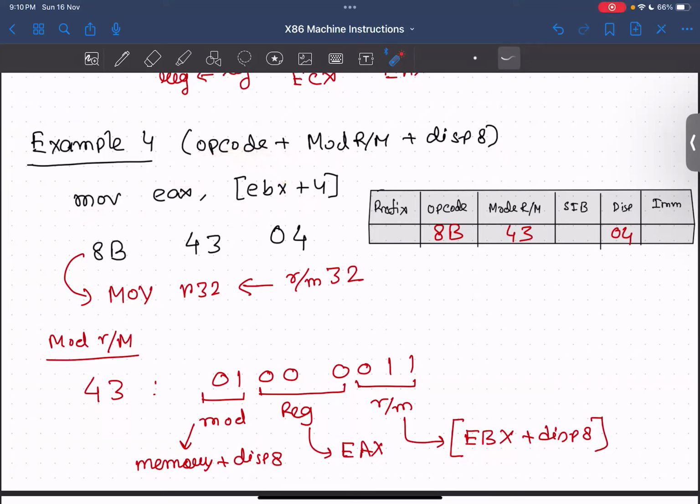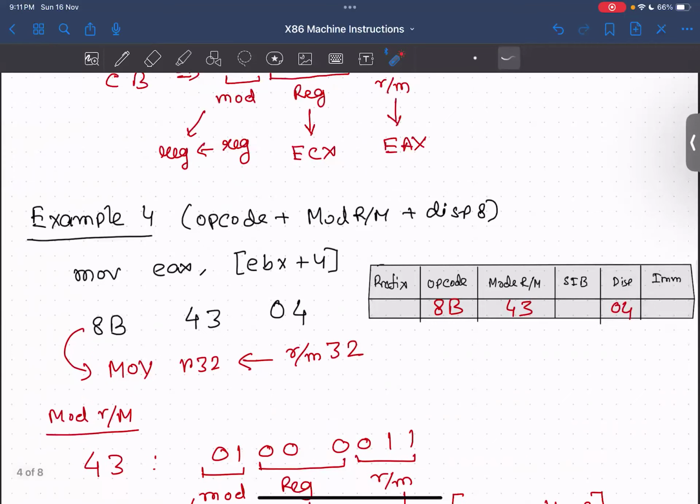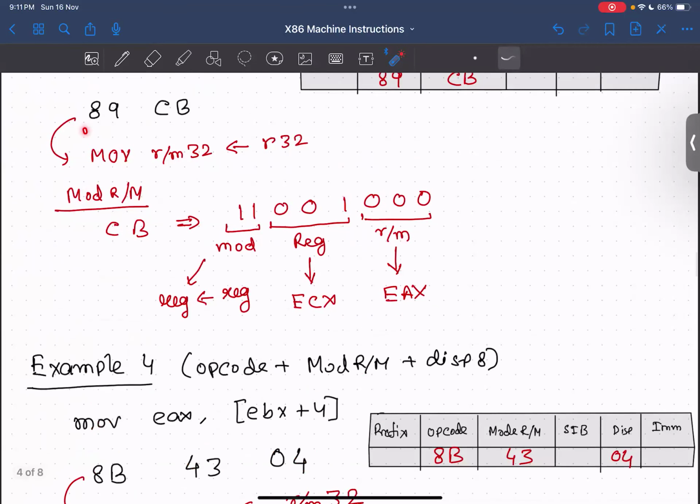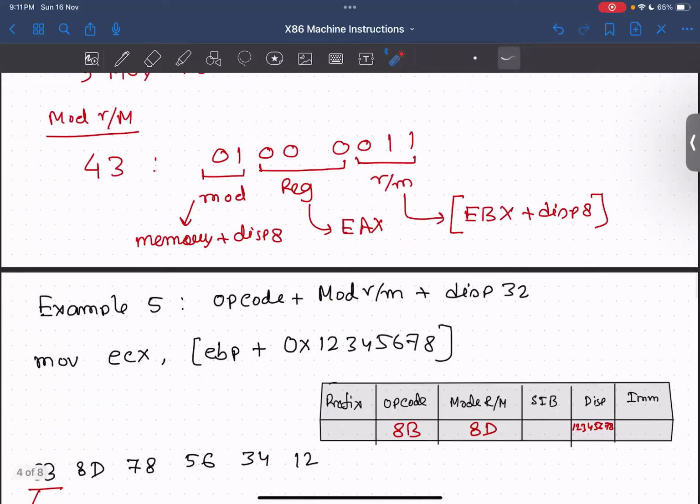So if you see the bytecode representation, it is basically 8B, 43, and 04, where 8B is basically our opcode, right? We already saw what 8B does. No, we didn't. So that was 89. See the representation in 89: from one register to an R/M configuration, another register, it was going somewhere.